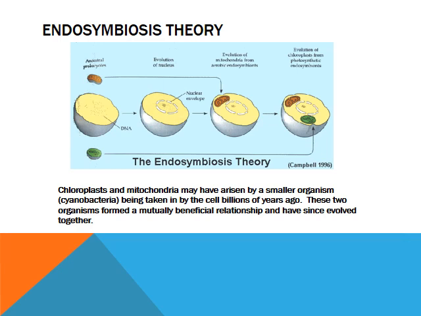It is. They make glucose. So now we've got glucose being made in the chloroplast, getting transported over to the mitochondrion, and producing energy for the entire cell. So that's endosymbiosis. A larger cell swallows a smaller cell for mutual benefit.